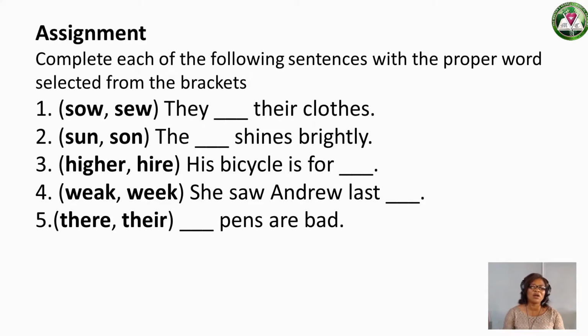Number 4, she saw Andrew last dash. The options are W-E-A-K and W-E-E-K. Choose the correct answer and fix it in the gap. Then number 5, dash pens are bad. You have H-E-R-E and H-E-I-R. Choose the correct answer and fix it in the gap.